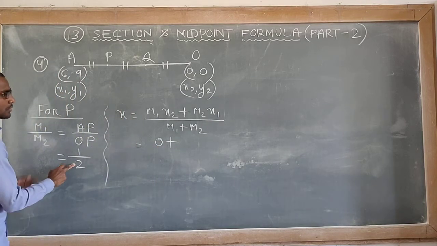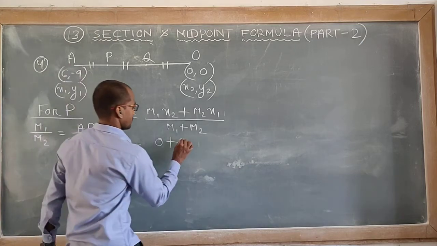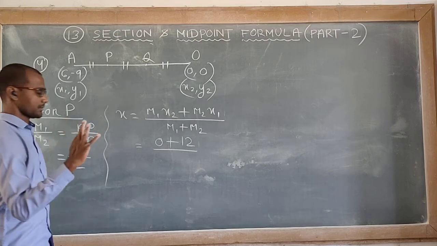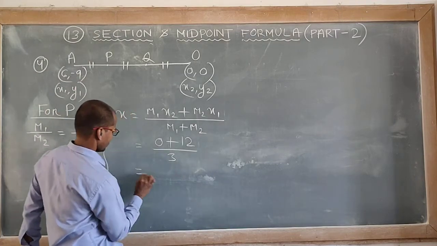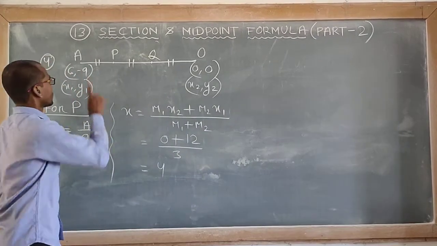What is m2? 2. What is x1? 6. 2 into 6 is 12. m1 plus m2, 1 plus 2 is 3. 12 by 3 is 4. This is the x coordinate of point P.